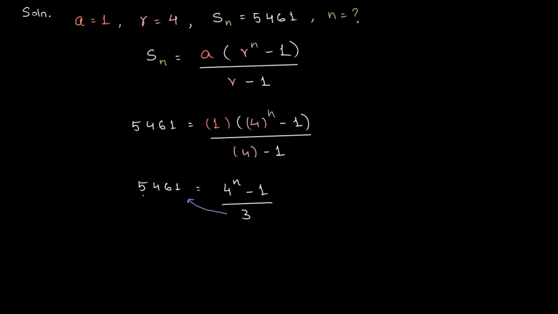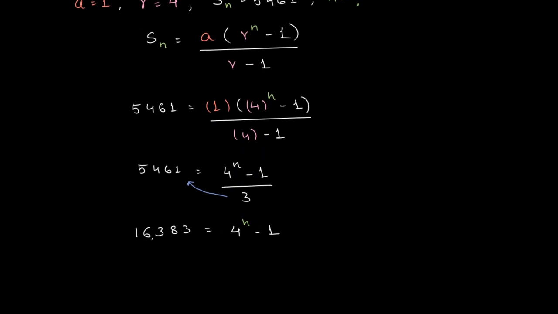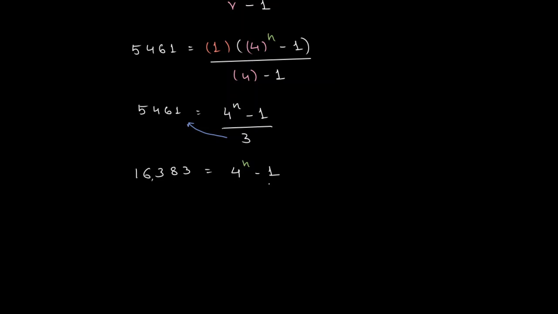So 5461 into 3 will give me 3, 18, I carry 1, 13, I carry 1, 15, 16. So 16,383, which is equal to 4 raised to n minus 1. Okay, moving on further, take the minus 1 to the other side, becomes plus 1.